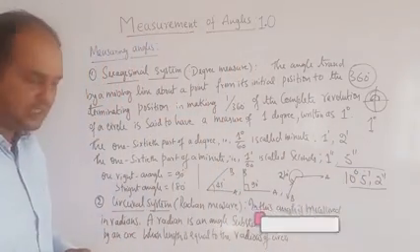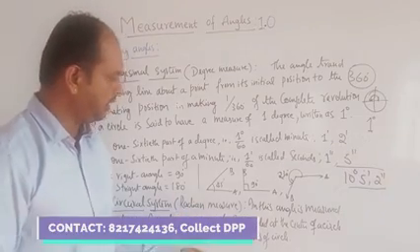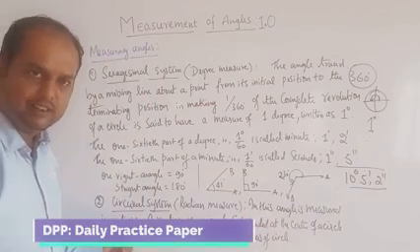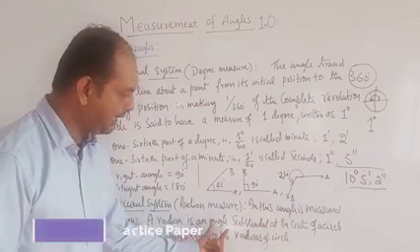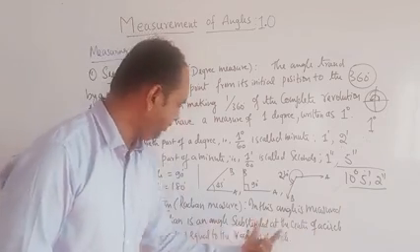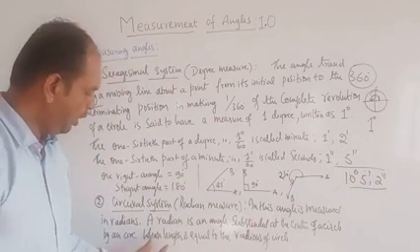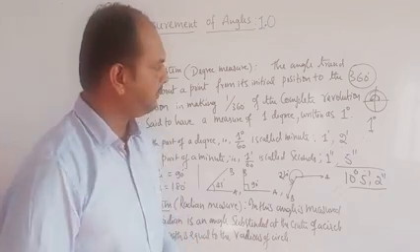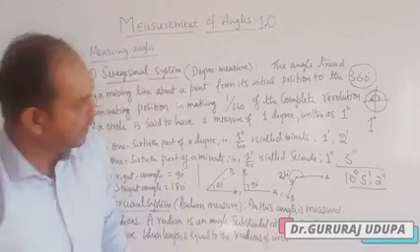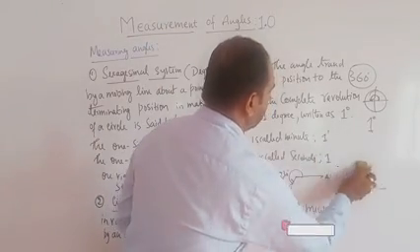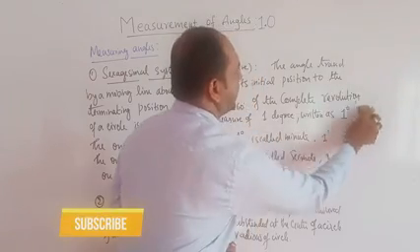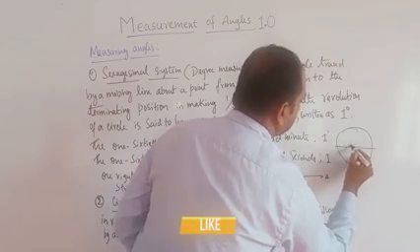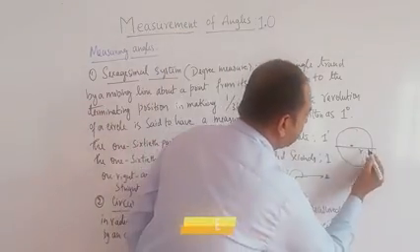In the circular system or radian measurement, the angle is measured in radians, such that a radian is the angle subtended at the center of a circle by an arc whose length is equal to the radius of the circle. Consider a circle with some radius.